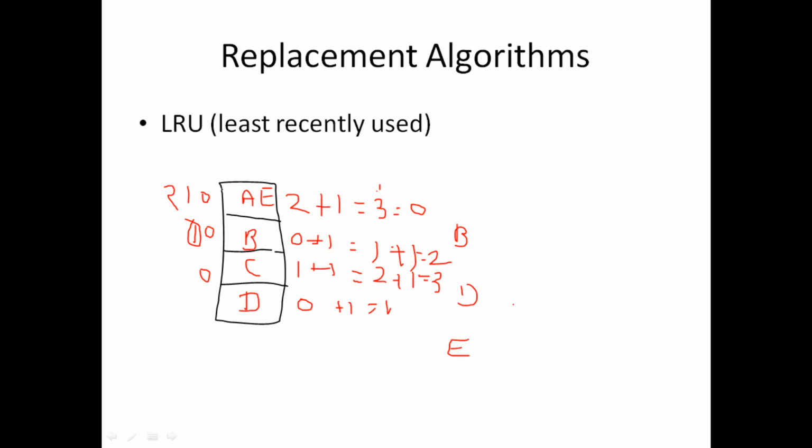For example, B may be the oldest, meaning it came first, but it may also have been recently used, so it must stay, because there is the largest possibility that it will be referenced soon.